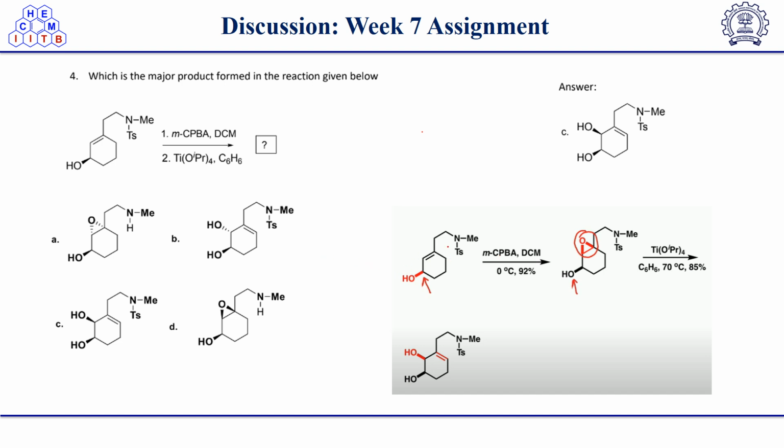This will direct the epoxidation to the same side as this hydroxyl group. After getting this epoxide, on treatment with titanium isopropoxide, the epoxide will open, forming the alcohol at this particular position and the double bond at this particular position. So we will be getting option C as the major product.